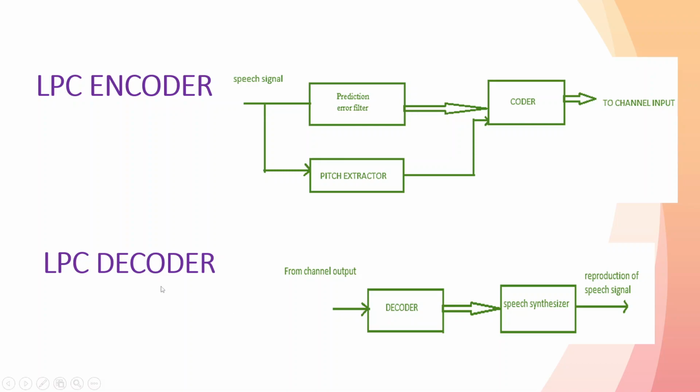At the receiver side, the LPC decoder gets the digital bits and decodes those bits, and it is given to the speech synthesizer. The speech synthesizer will reconstruct the speech based upon the features decoded by the decoder.